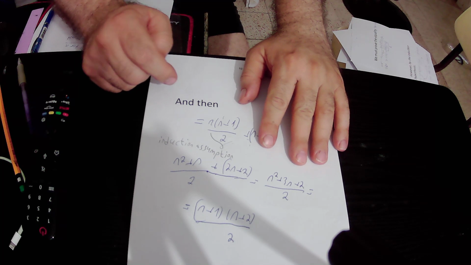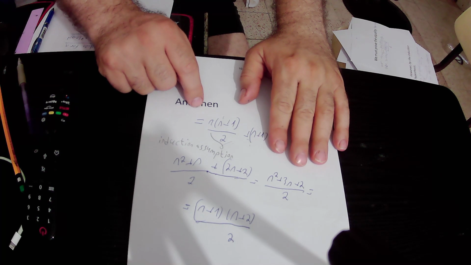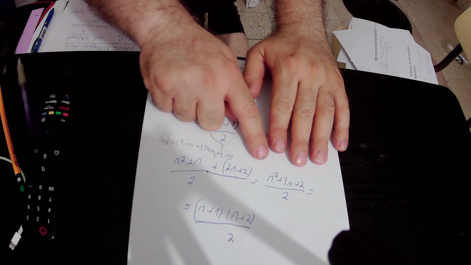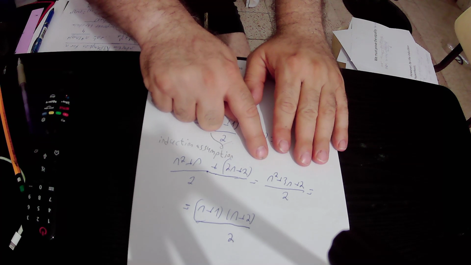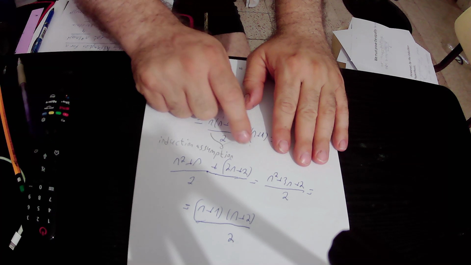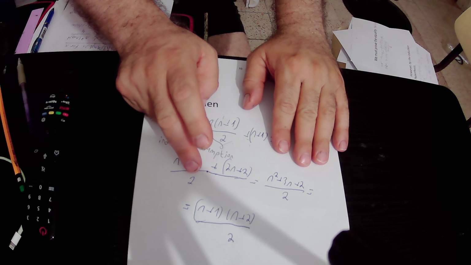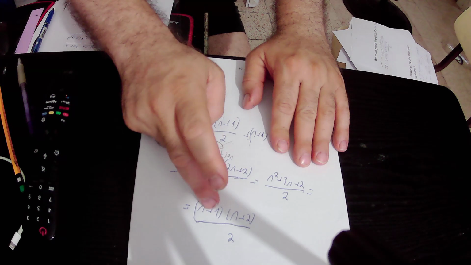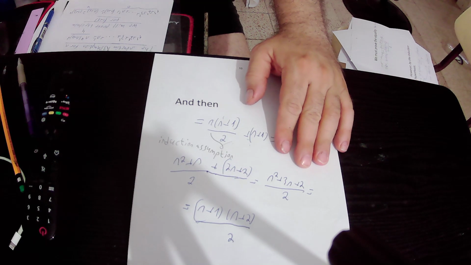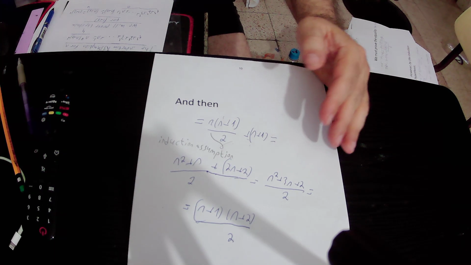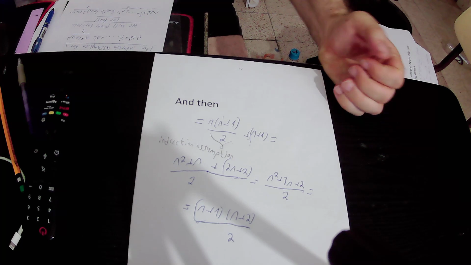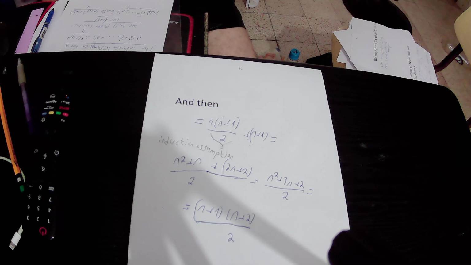Okay, and this n squared plus 3n plus 2 over 2 equals n plus 1 times n plus 2 divided by 2. And this is exactly what we have to prove. We proved the claim for n plus 1.